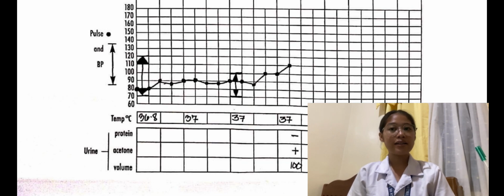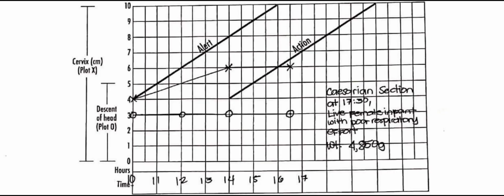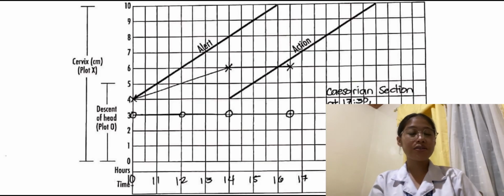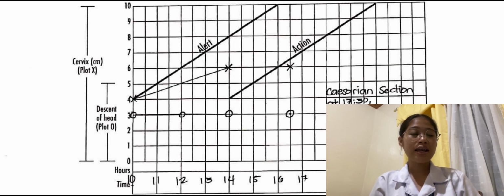So as you can see in here at 17 military time, a decision was taken to do a cesarean section, and this was rapidly done. And was this a correct action? A decision to perform a cesarean section is correct.